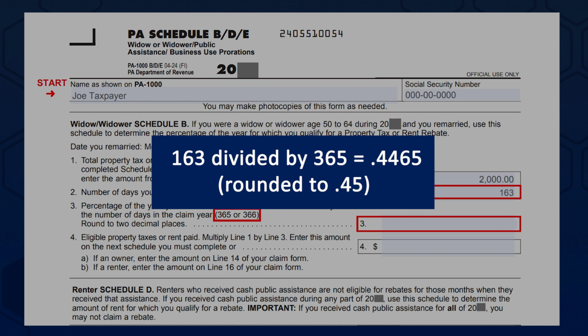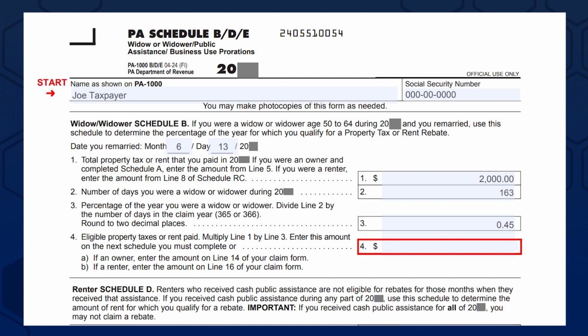Round the number to the nearest 2 decimal places and enter the figure on line 3. Finally, to determine the amount of eligible property taxes or rent that the applicant can claim, multiply the figure on line 1 with the figure on line 3 and enter that number on line 4.